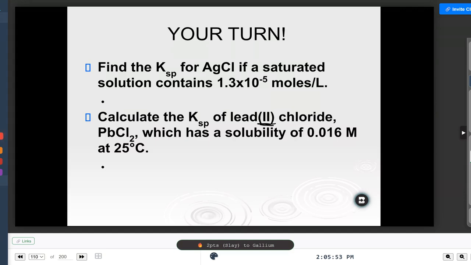Okay. So you've got 2 problems here. Let's see if you can solve them. The first one's a little bit easier than the second one, but let's see if we can get both of these problems solved in the next few minutes here.